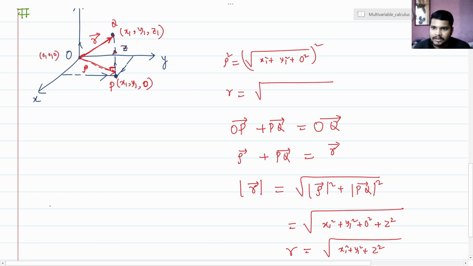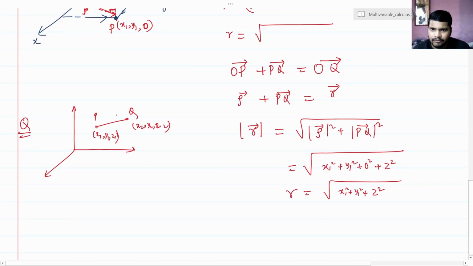All right. Another example we can use: let us say I have a certain length PQ over here. I know how to locate the points using x1, y1, z1. So let us say one point is x1, y1, z1, and over here it is x2, y2, z2. I can measure the distance between them using RP and RQ.